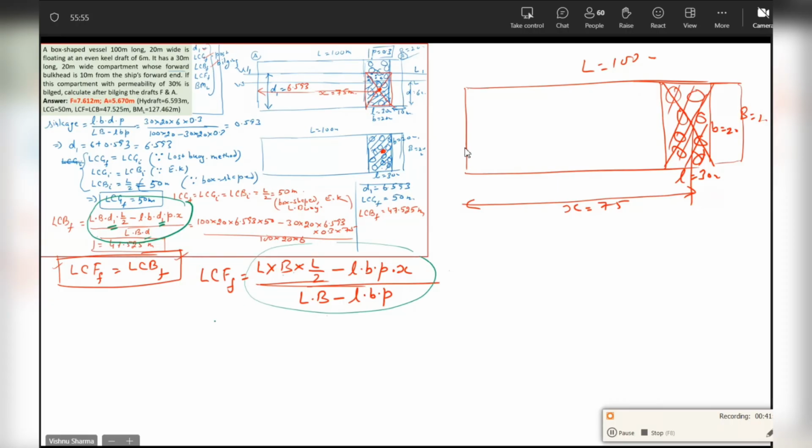You see, it will be 100 into 20 into 50 minus 30 into 20 into 0.3 into 75 upon 100 into 20 minus 30 into 20 into 0.3. Please calculate and tell me how much it comes to. It has to be the same as earlier.